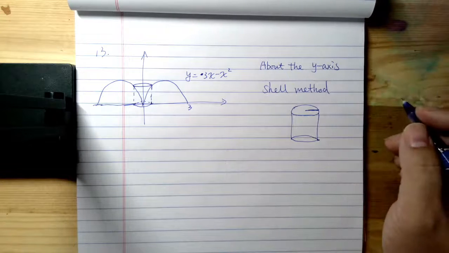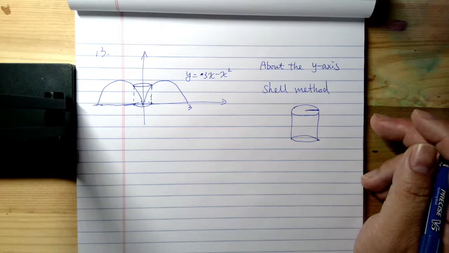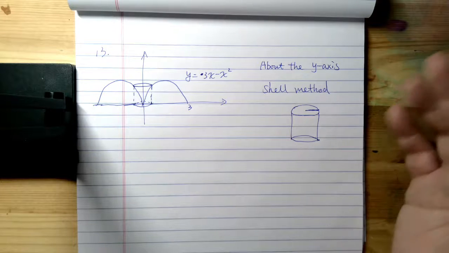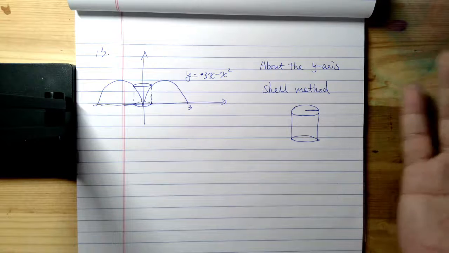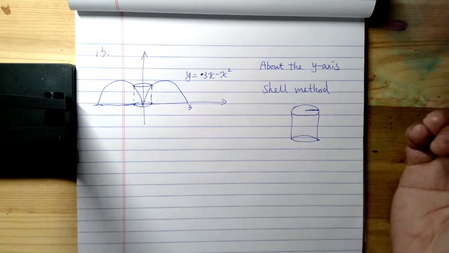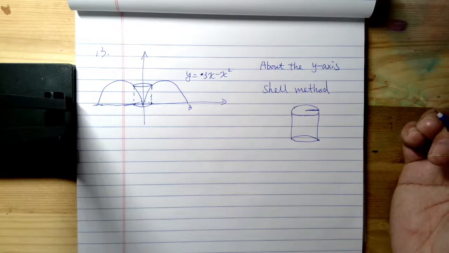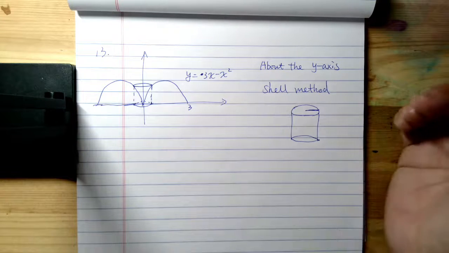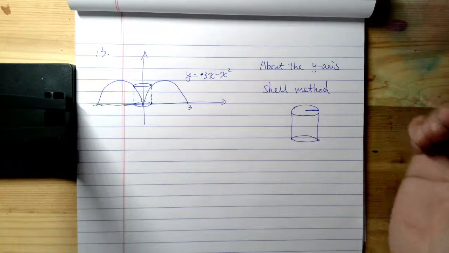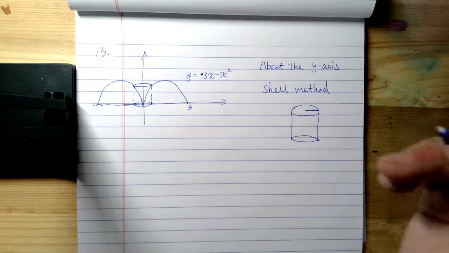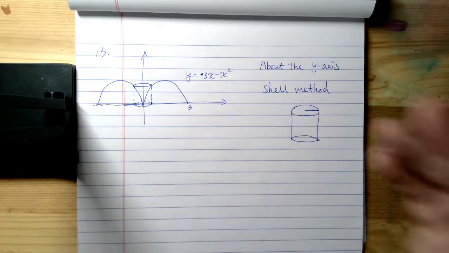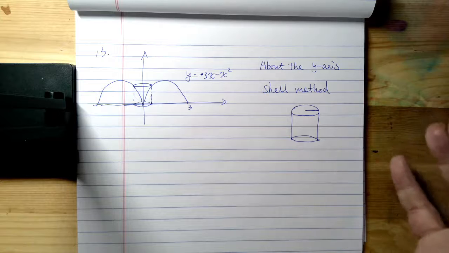Second, different from the disk or washer method, when we're using the shell method, the integral is going to be with respect to the axis perpendicular to the revolving axis.